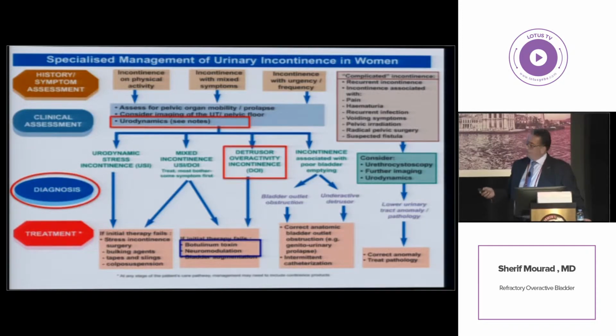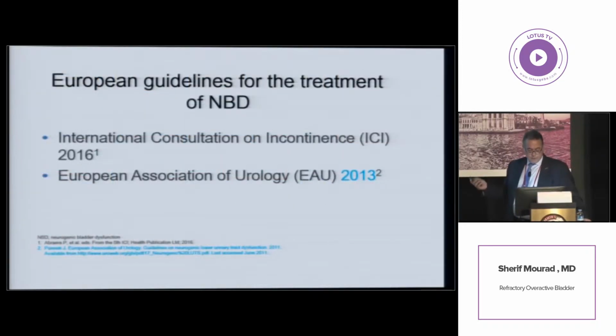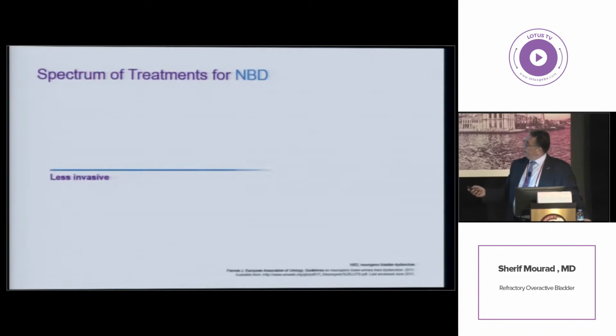This is the message behind this: you need to go through the guidelines of the International Consultation on Incontinence, or the European ones, and know that the spectrum of treatment for non-neurogenic bladder dysfunction is to start from the less invasive to the more invasive.